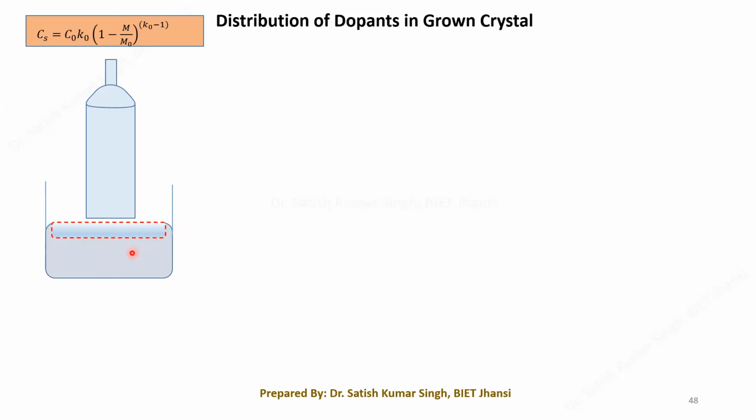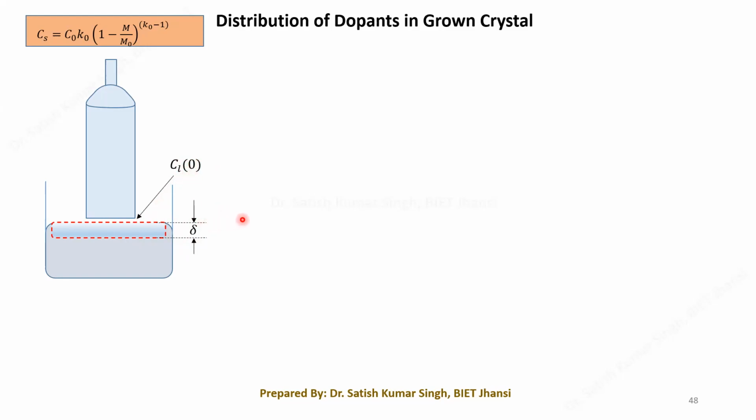So basically, let us say this stagnant layer has its width equal to delta. Then at the top of this particular melt, when we have started drawing the crystal, the concentration of the dopant at the top of the layer we are calling Cl0.